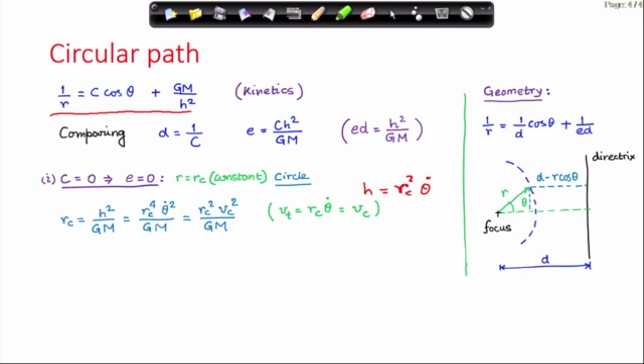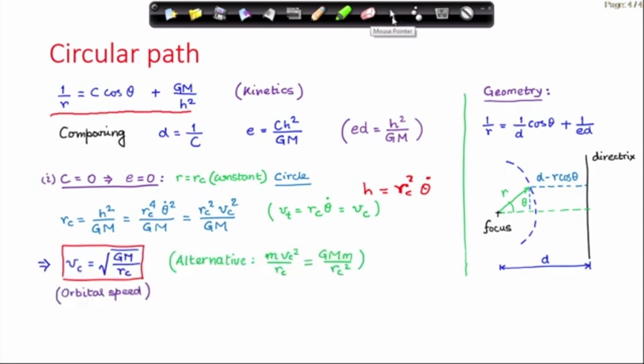So, the speed on the circular path is called orbital speed. Therefore, the orbital speed can be determined as the square root of g m by r c. There is an alternate way of finding orbital speed: you can match the centripetal force with the gravitational force, and from there also you can obtain the orbital speed.